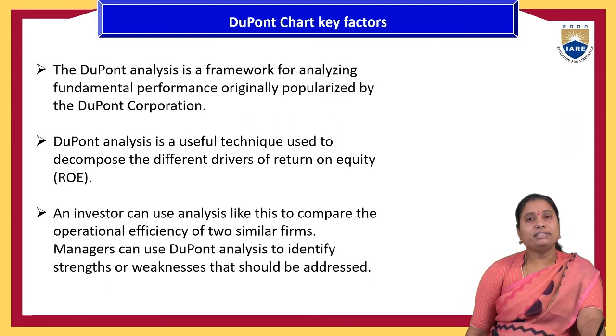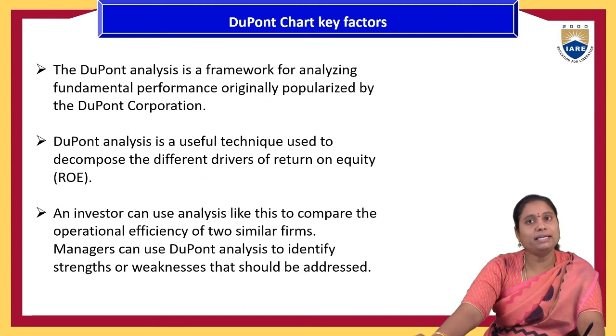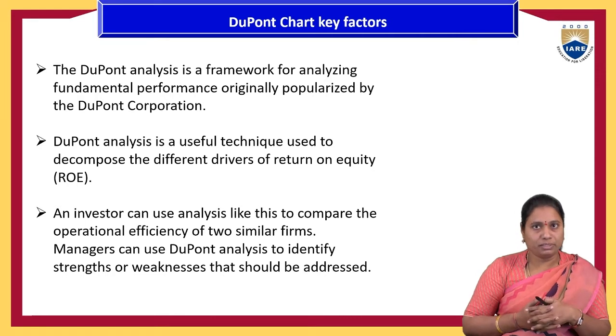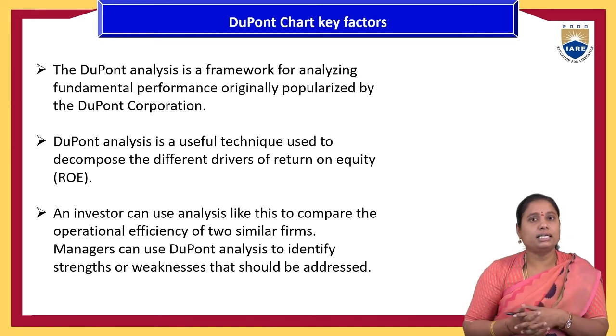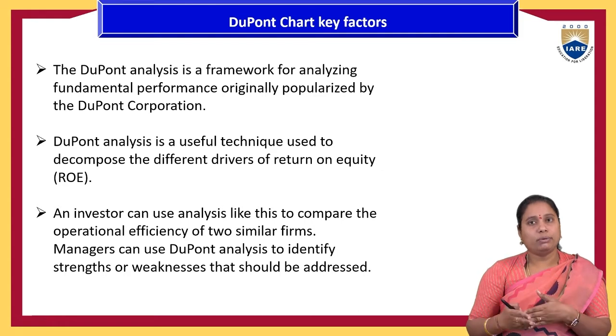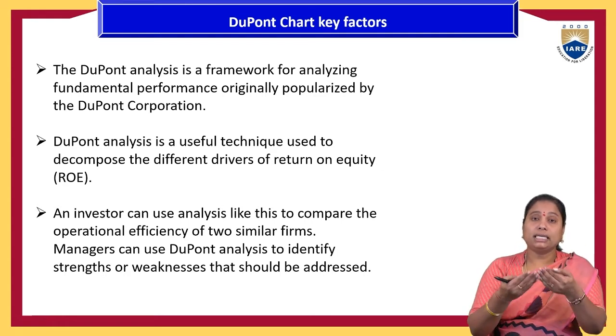To do the best SWOT analysis, a business has to take care of this DuPont chart. Looking at the key issues of the DuPont analysis, it is a framework for analyzing the fundamental performance of the overall organization. It is a technique used to decompose the different drivers of return on equity. What are the factors that give the equity benefit?